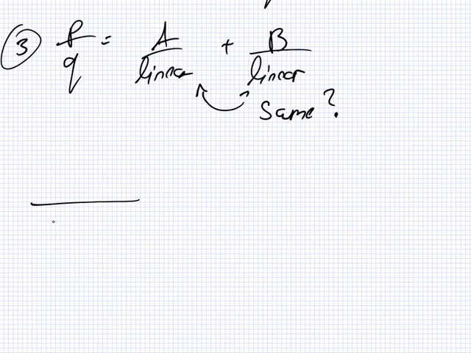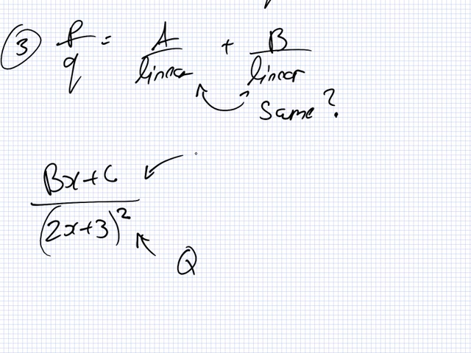So for example, if you have something like 2x plus 3 squared here, and the top is bx plus c, because the bottom is quadratic and the top is linear, seems okay. But how many constants do I have in the bottom here? 2. What are they? 2 and 3. So how many should I have on the top? 1. And how many do I have? 2. So this is the great thing. You are free to make one of them 0.